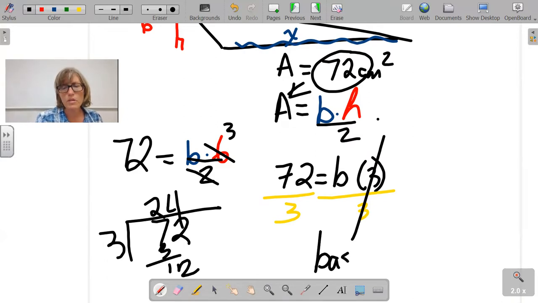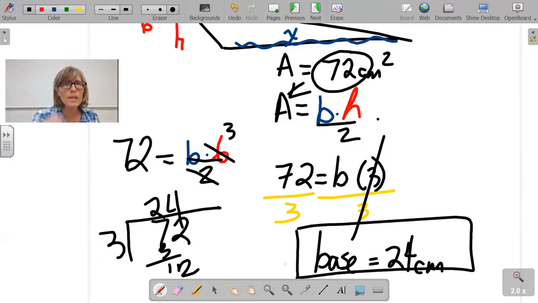And we get the base is 24 centimeters. Again, identify, if you didn't get that correct, which step might you have overlooked.